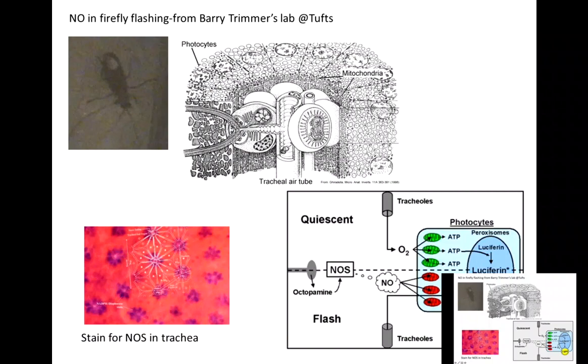This is actually a lot more efficient because you don't have to bind oxygen to a binding protein, and you can just deliver oxygen right from the atmosphere to these cells. So the mitochondria are right next to the oxygen delivery system, which is connected to the outside air.